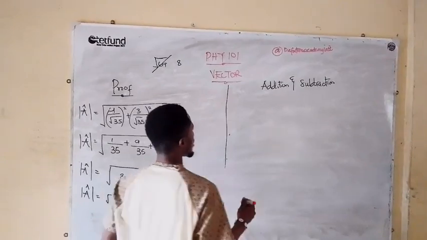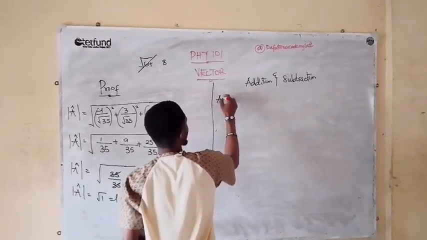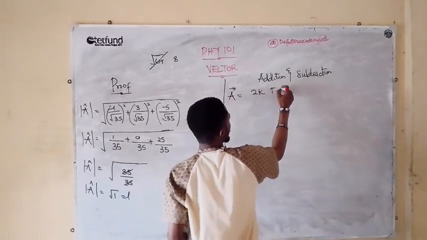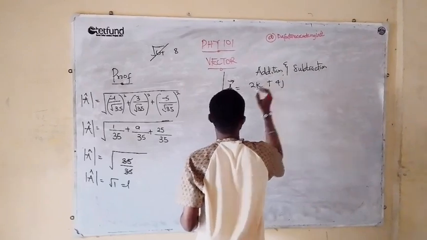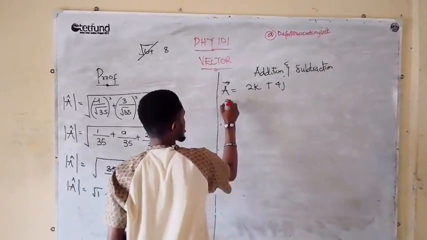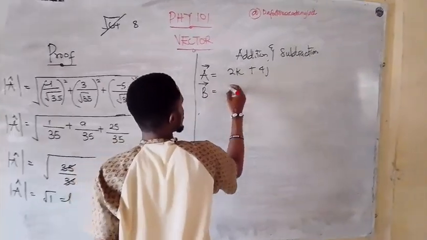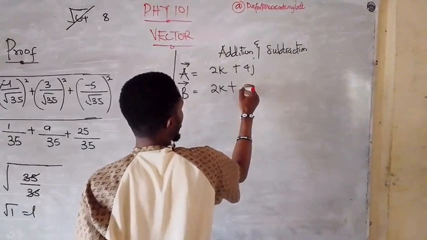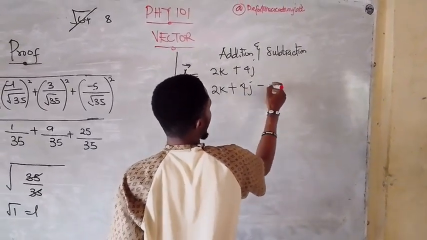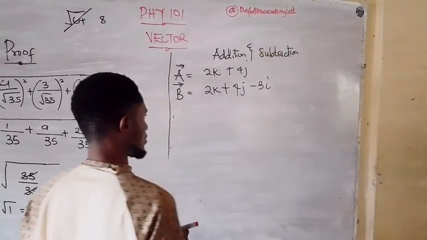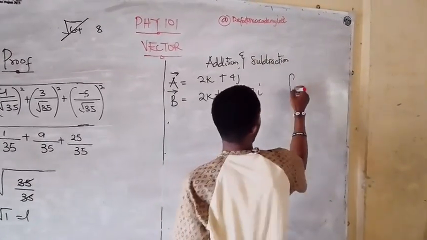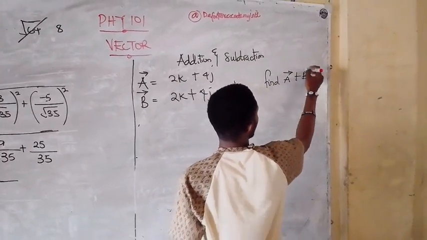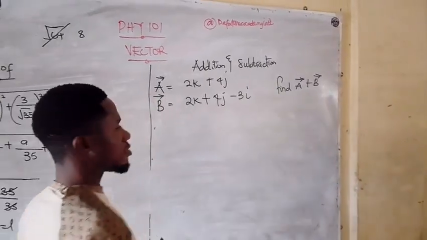So, let's say they give us vector A as 2k plus 4j, and they gave us the next one, vector B, as 2k plus 4j minus 3i. And they said, find vector A plus vector B. Please, this is how it is to be written.